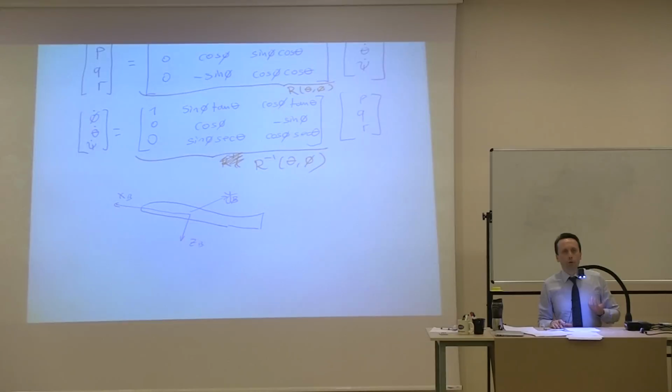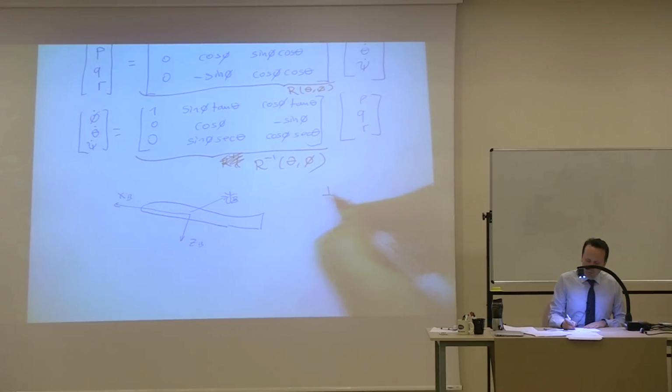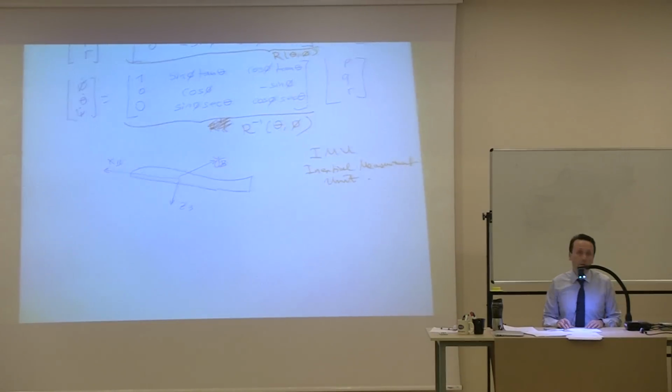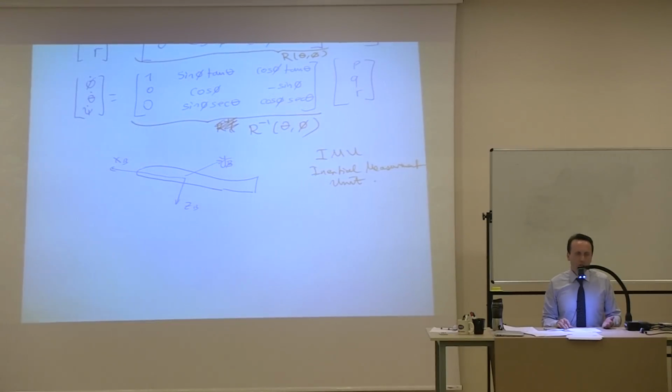gyroscopes. You might have heard about gyroscopes, right? An IMU, an inertial measurement unit. An inertial measurement unit has 3 accelerometers, but also 3 gyros, in the sense that they are in 3 axes.